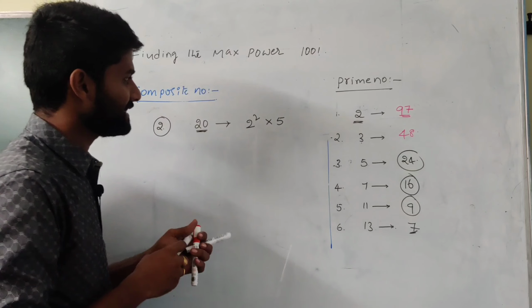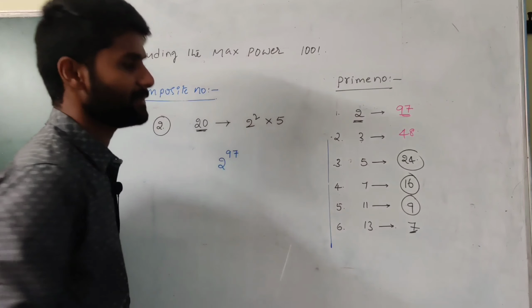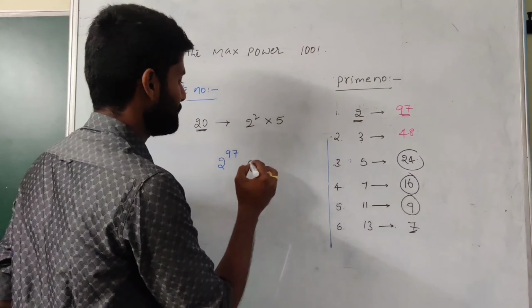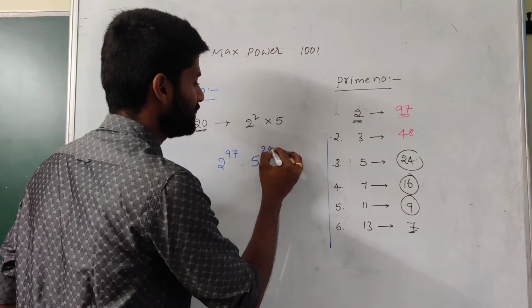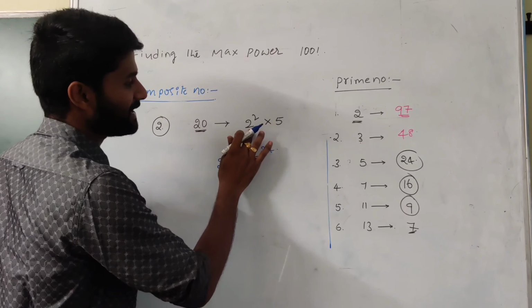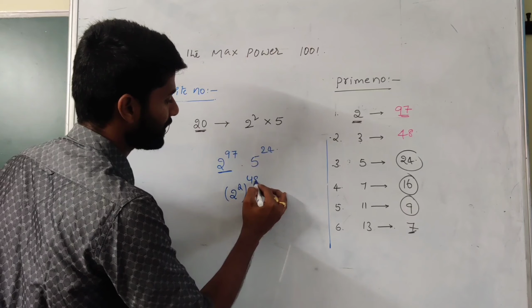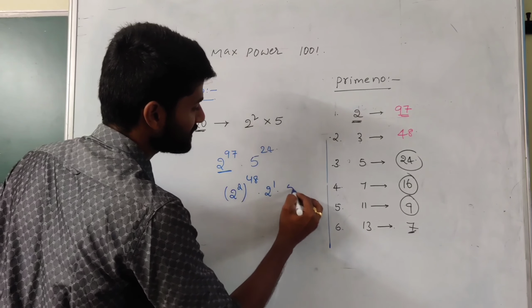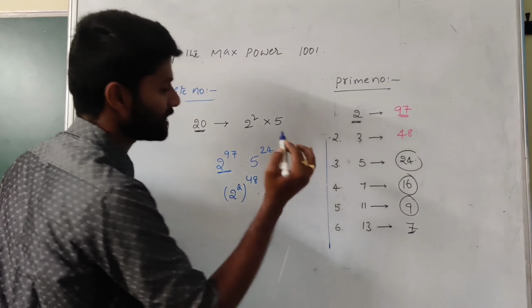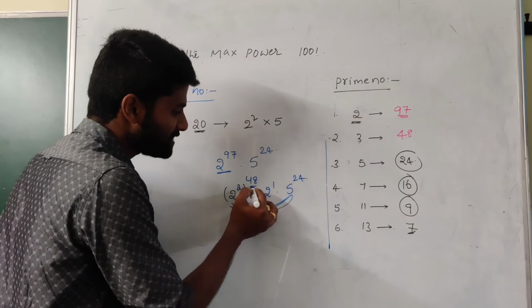So you already calculated: 2 has a maximum power of 2 power 97, and 5 has a maximum power of 5 power 24. See, 2 power 97 can be written in terms of 2 square, meaning 2 square whole power 48 into 2 power 1. The value becomes 5 into 24. See, if you need these two numbers together, observe the power value.